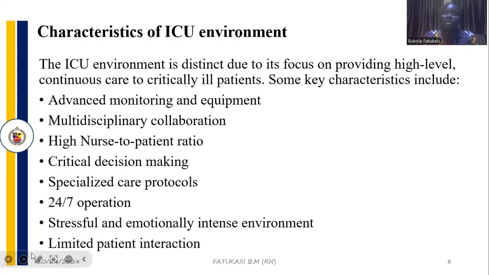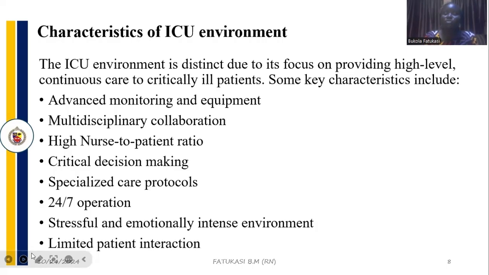Characteristics of an ICU environment. The ICU environment is distinct due to its focus on providing high-level continuous care to critically ill patients. And there are some characteristics that are basically peculiar to the ICU environment, which include advanced monitoring and equipment, multidisciplinary collaboration, high nurse to patient ratio.